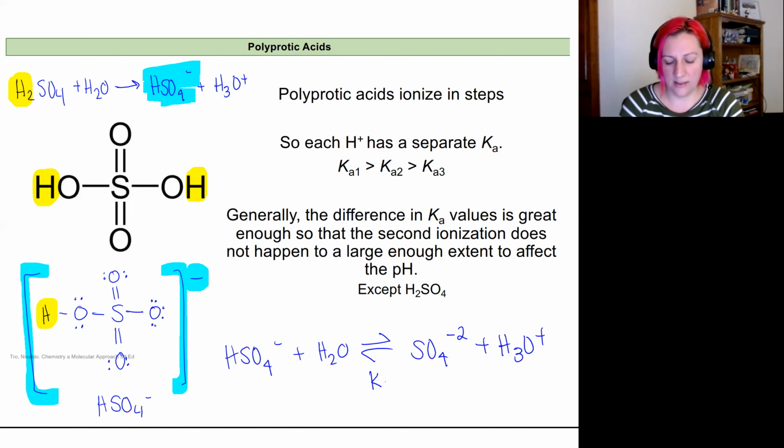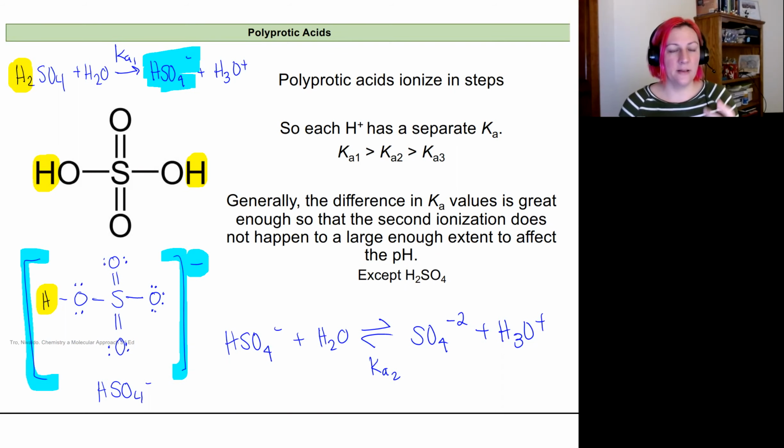So this would be considered Ka2. We would have Ka1 describing our first hydrogen that is ionized from our acid. And these will be different values. And if you wanted to know what they were, you could find them experimentally. Or for well-known acids, you can look them up in a reference table.